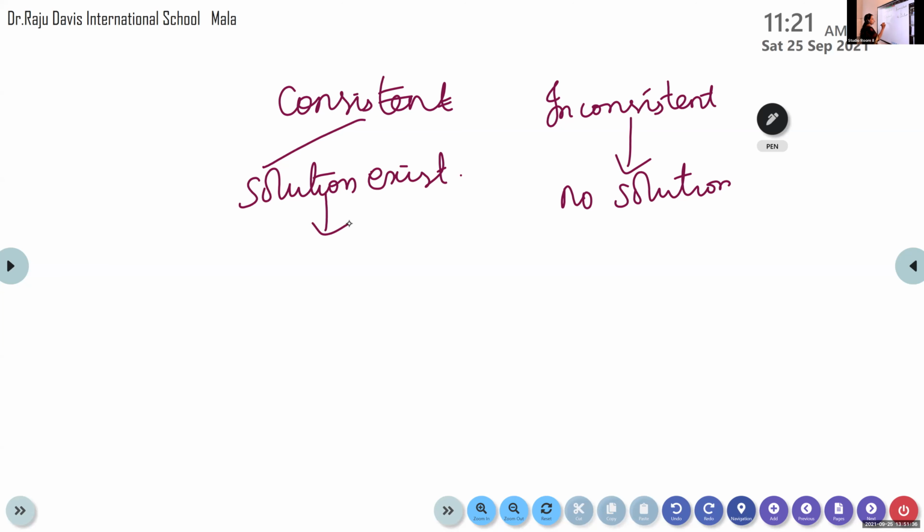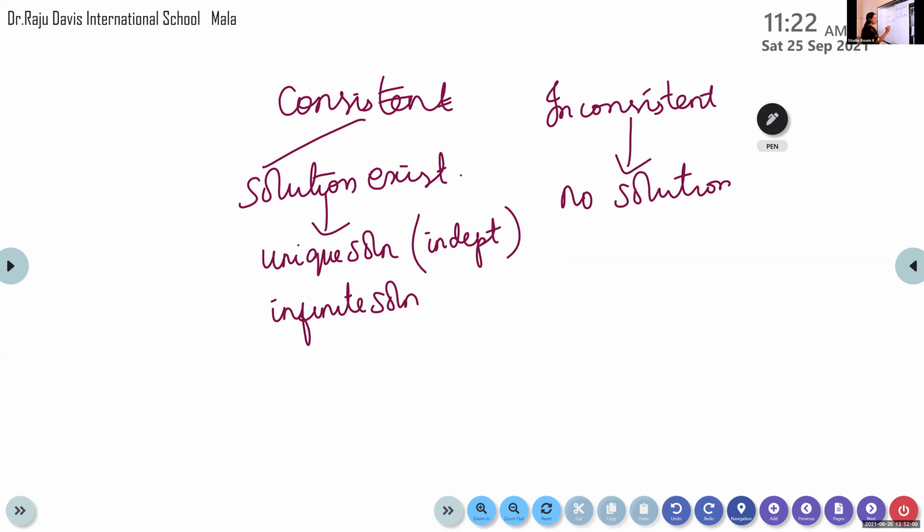If it is consistent and the solution is unique, we say the equations are independent. But if there are infinite solutions, we call the equations dependent.